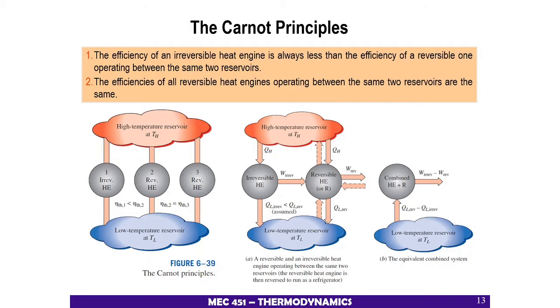So basically, with irreversibility you don't have the same efficiency, but for reversible engines the efficiency is the same, provided you have the same reservoirs. So that is the Carnot principle.